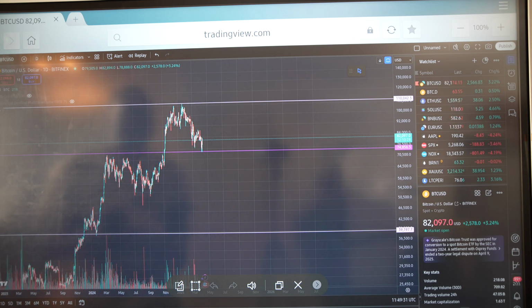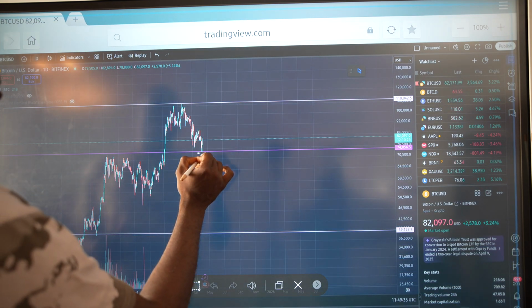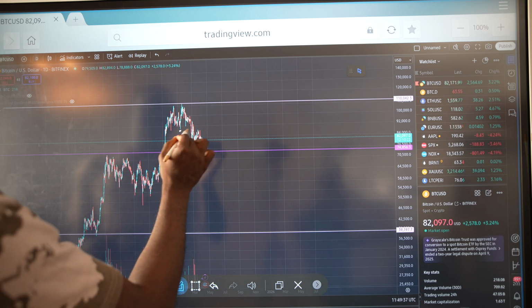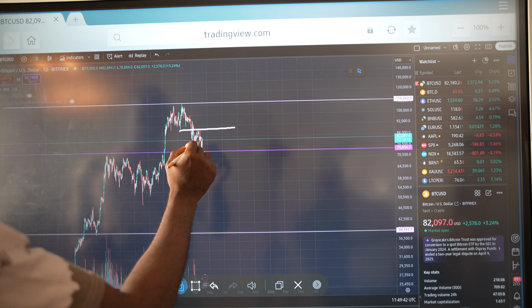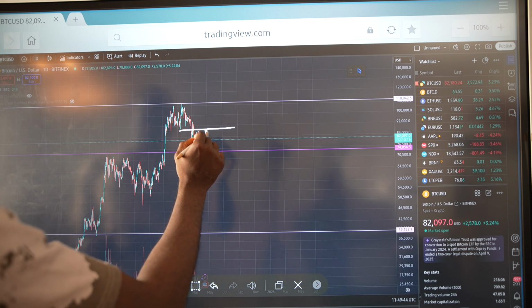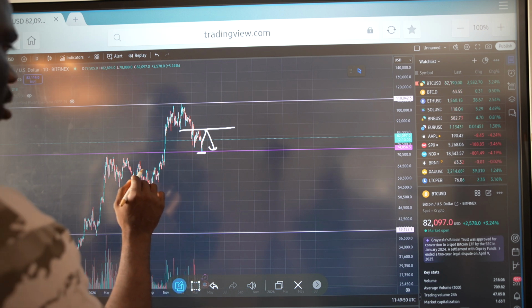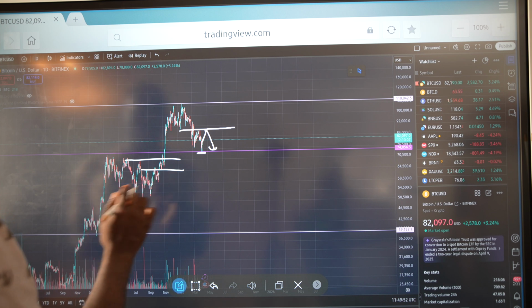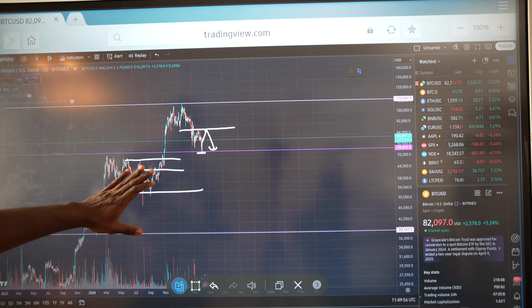So for example, now I am saying that as long as price continues to hold above here, this is my first interest, whether price will break above there. If price comes and fails to break and starts coming back down here, of course, I'll be looking to buy down there. If it goes lower, of course, my interest will be somewhere in this range. If it goes lower, I'll be looking to see if it will hold there.